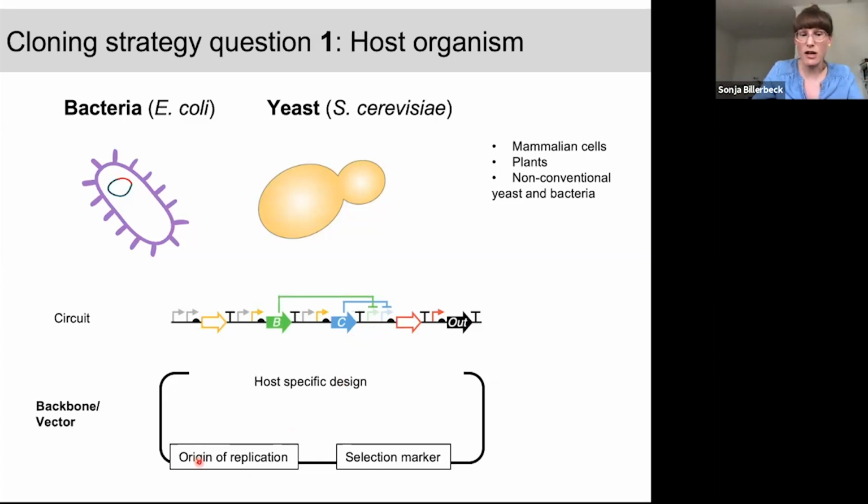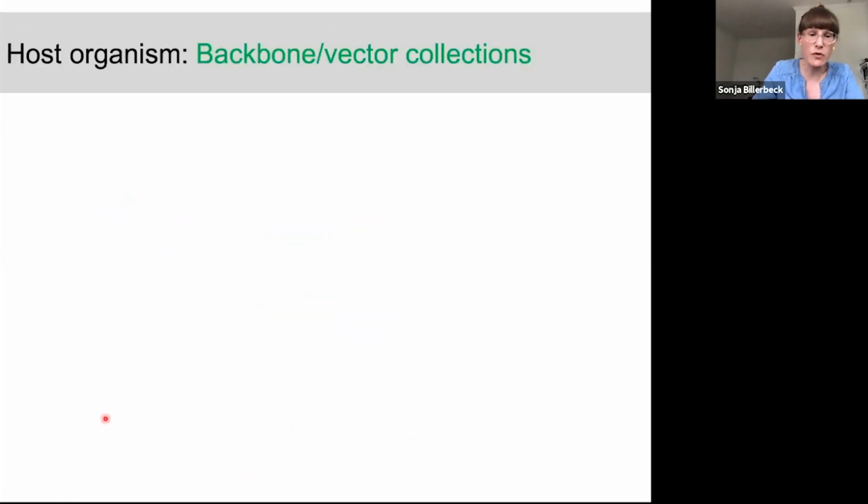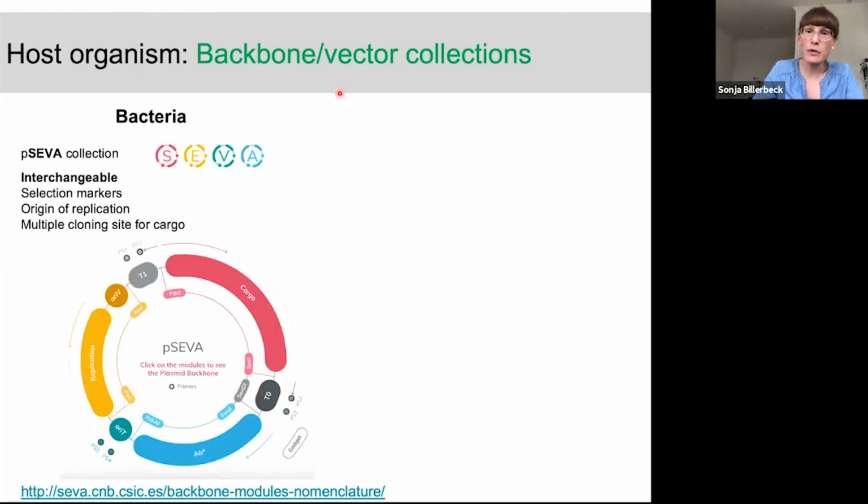They need to have an origin of replication that is compatible with your host organism, and they also need to have selection markers. And here I really want to tell you about two great resources for these types of backbones. Those are called vector collections, and the first one is for bacteria, and the abbreviation is the SEVA collection, the Standard European Vector Architecture.